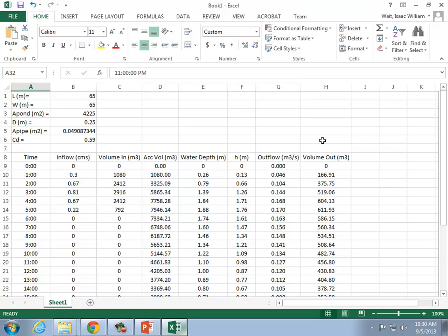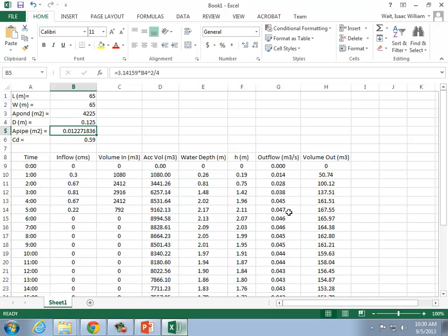Decrease the diameter of the pipe. If you make the pipe smaller, it's going to restrict how much can go through the pipe. Exactly right. If we change the pipe diameter from 0.25 to 0.125, the maximum outflow, which right now is about 0.17, is now less than 0.1.